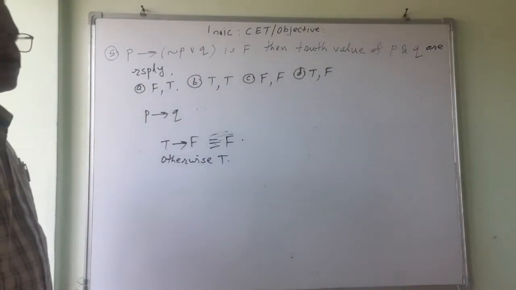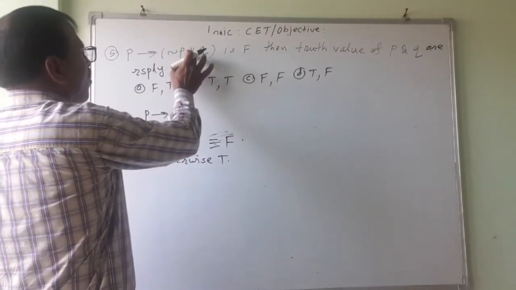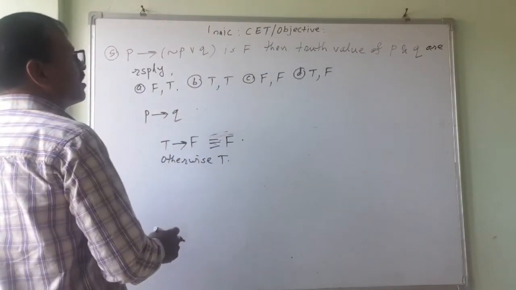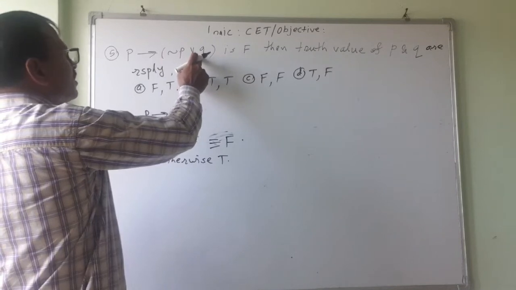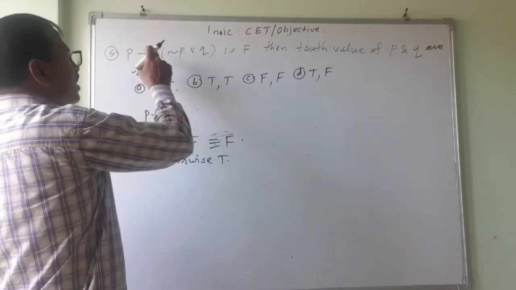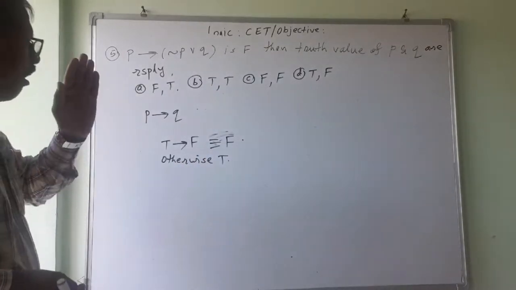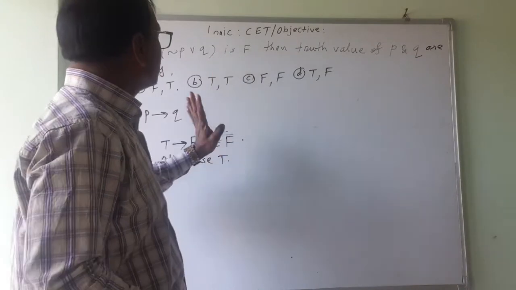Means first the value of P implies Q, what it should be. First part should be true and second part should be false. Is this clear to you? Means this part, negation P or Q, should be false. When it will be false, I want that false. Is this clear?